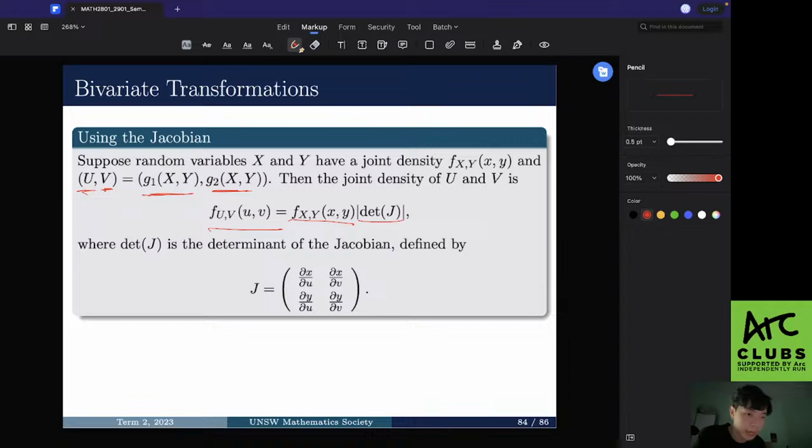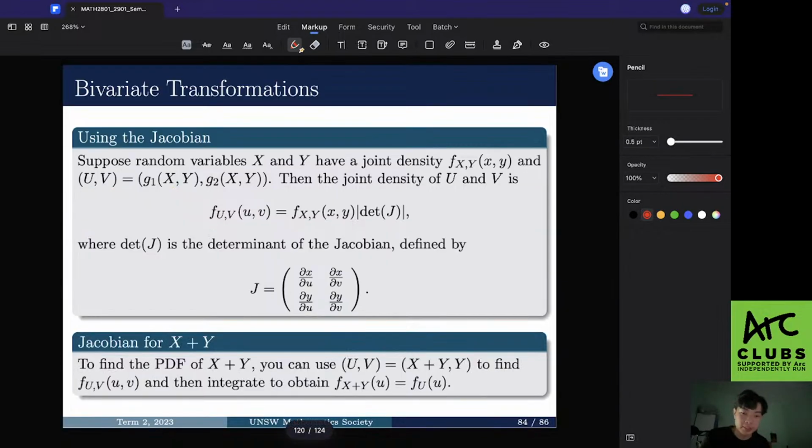So what is x? x is just a function in terms of u and v. So what we realize is, to use the Jacobian, we need to have x in terms of u and v, and then y in terms of u and v. Then we can take the derivative of x with respect to u, of x with respect to v, then of y with respect to u, and of y with respect to v.